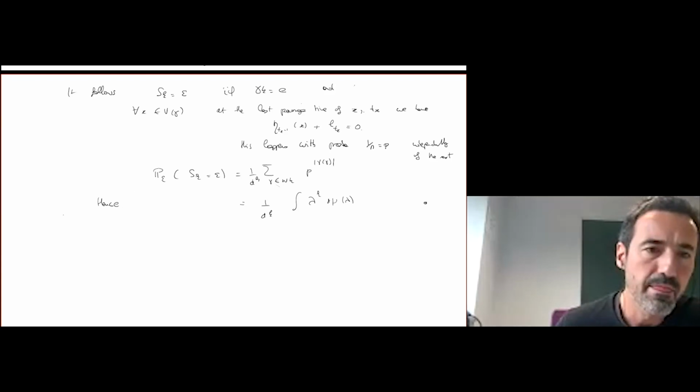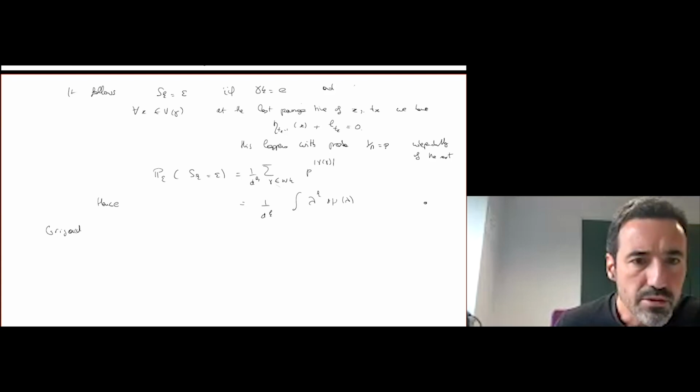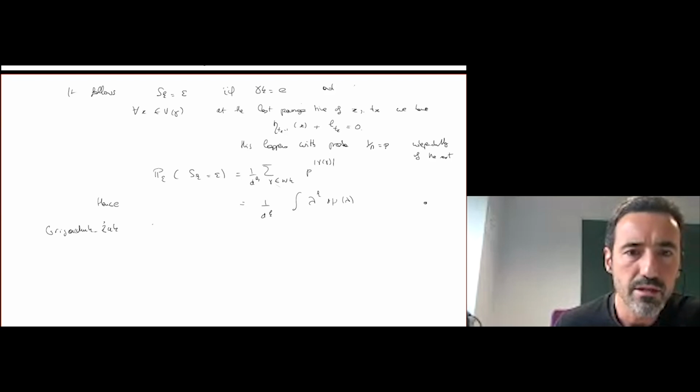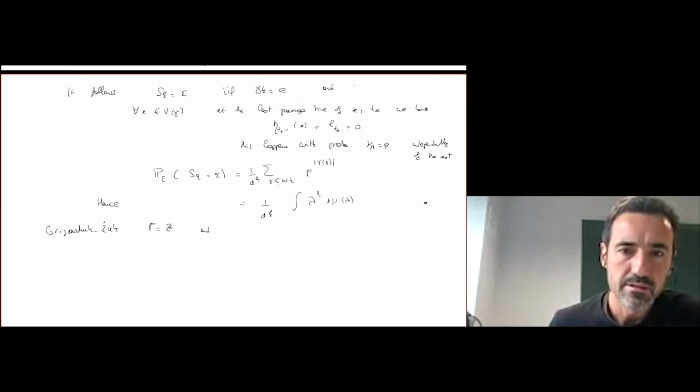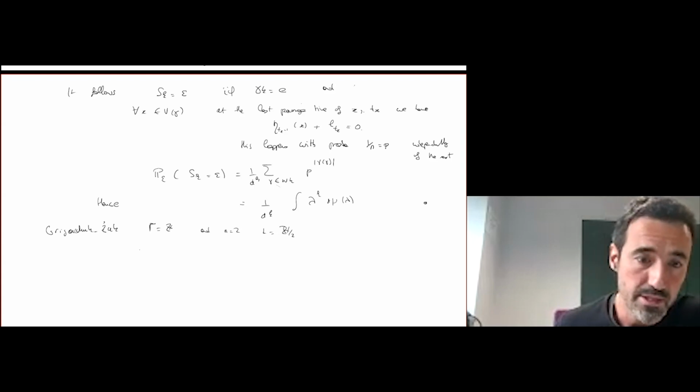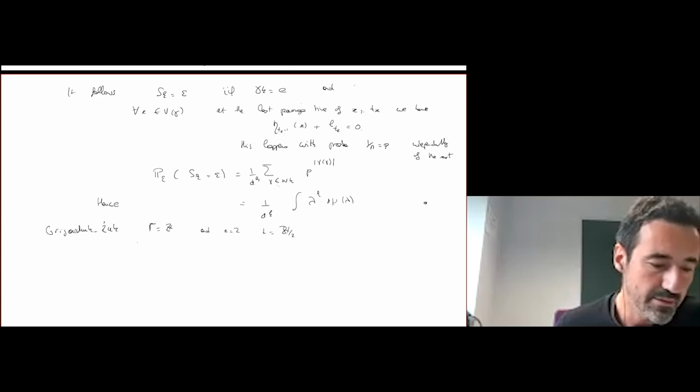So the original example of Grigorchuk and Zuk was a case where the base group Gamma was Z, okay, and n was equal to 2, so L was Z over 2. And they have computed explicitly the Plancherel measure.